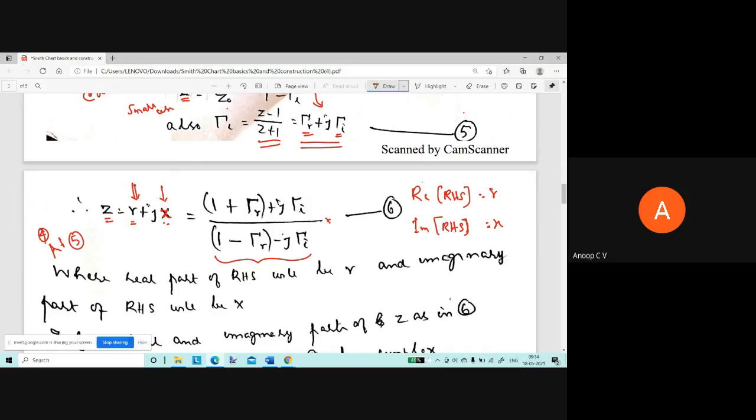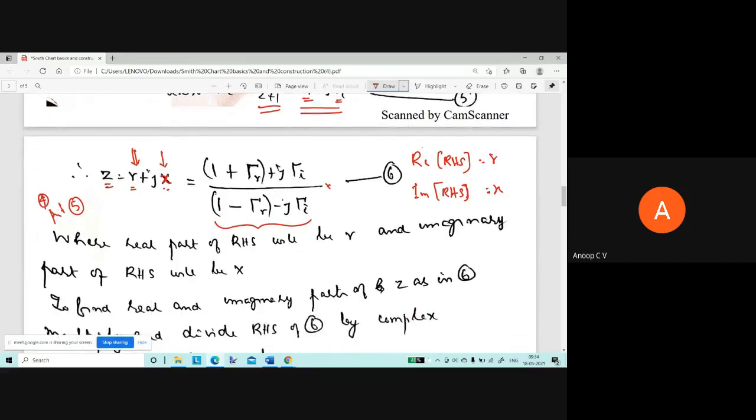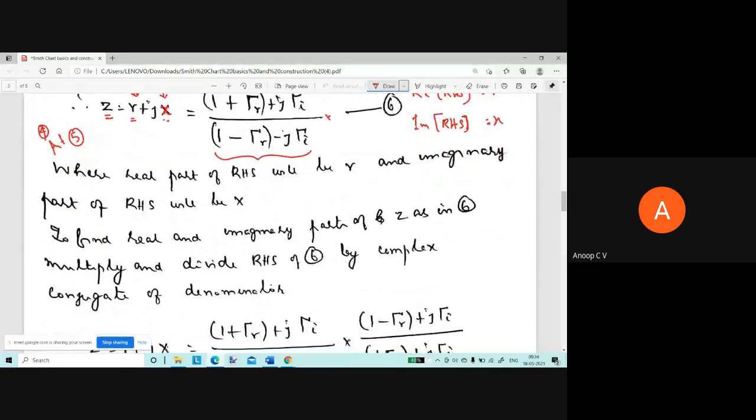So on the right hand side of equation number 6, we are going to divide and multiply with the complex conjugate of this denominator. The denominator is A minus JB, so the complex conjugate will be A plus JB. Instead of this minus, we'll get a plus. That's what we are doing here.